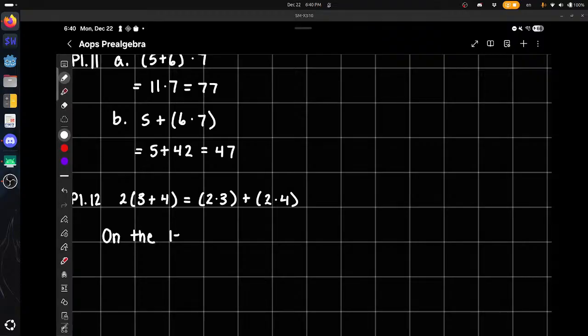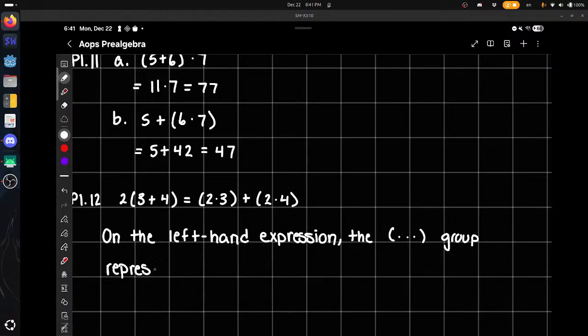On the left hand expression, the group represents the row, the complete row, repeated twice.